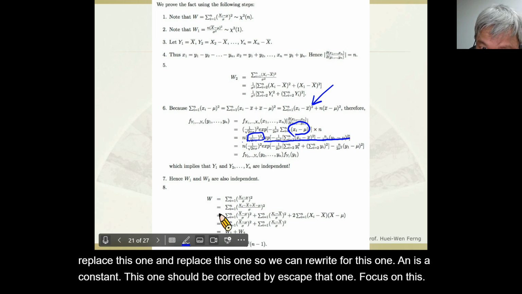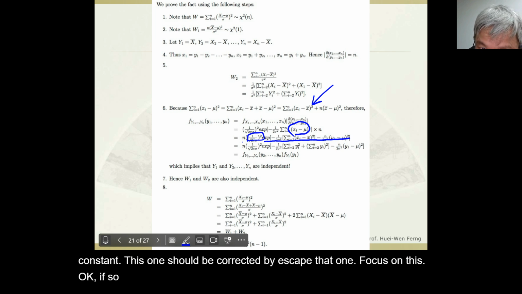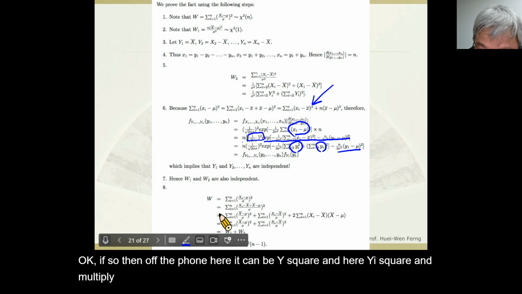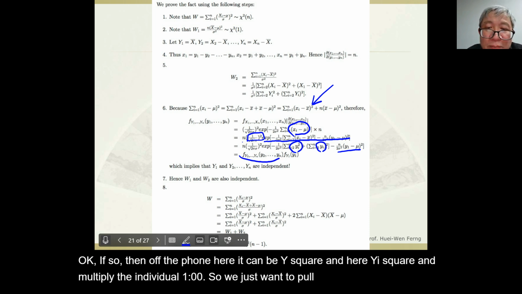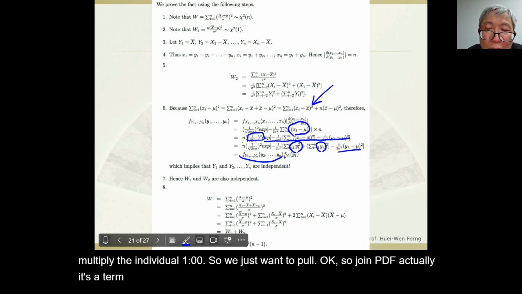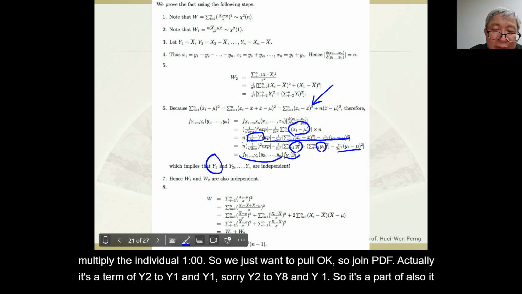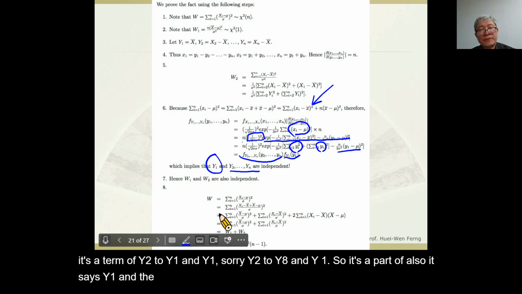If so, then the form here can be y_i squared, and here y_i squared, multiplied by the individual one, so we just want to pull. So the joint PDF is a term of y2 to yn and y1. It's a product form, so y1 and the remaining are independent.